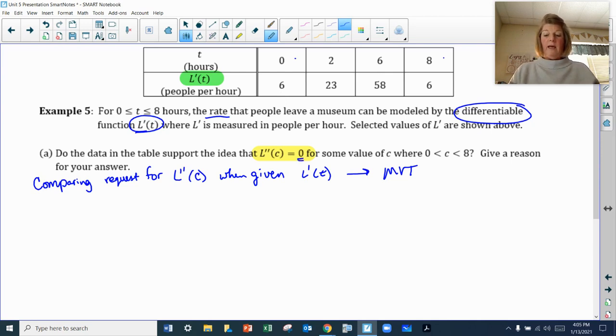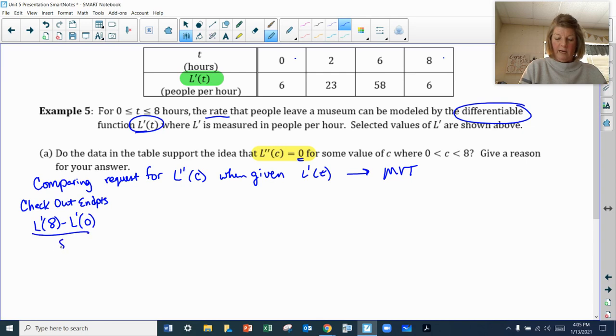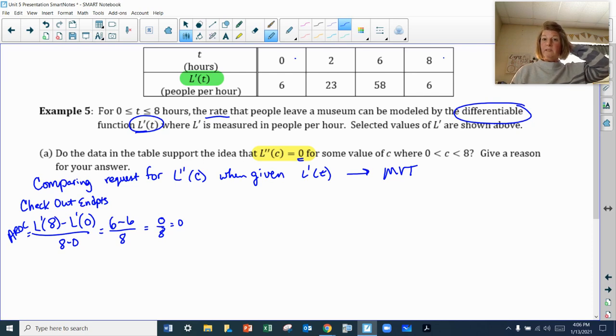Now, is there a spot where our table lends itself that we do indeed get a slope of 0? I'm going to check out those endpoints first. So I'm just doing a little preceding check of the endpoints because I want to know if I can get a slope of 0. My endpoint, L prime of 8 minus L prime of 0 over 8 minus 0 turns out to be 6 minus 6 over 8. 0 over 8 equals 0. The average, you know what? Let's write this. There is an average rate out there on this table such that it is 0. So what does that kind of tell me?